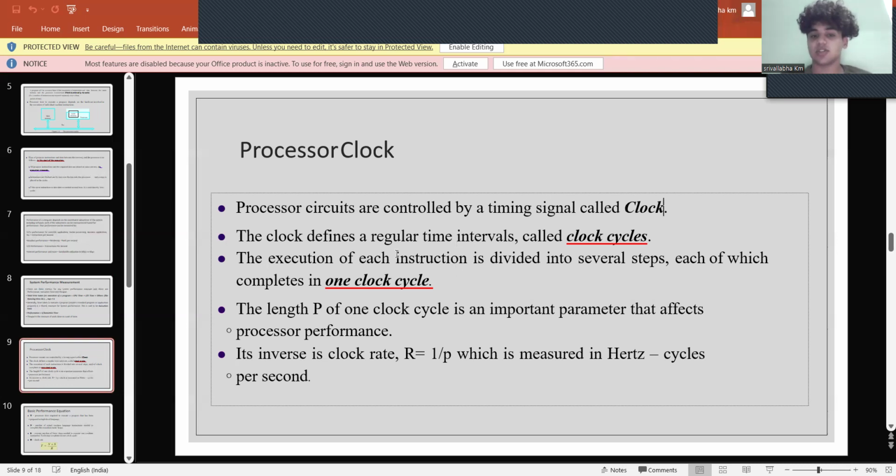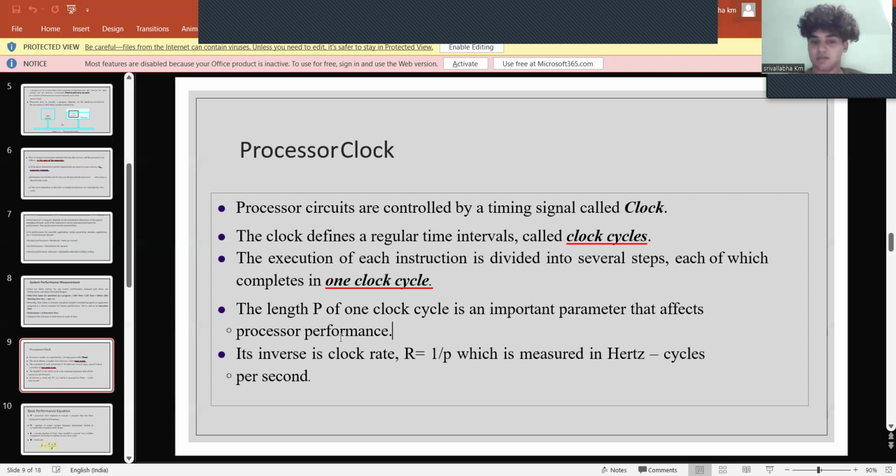Here the execution of each instruction is divided into several steps, each of which completes in one clock cycle. And then the length P of one clock cycle is an important parameter that affects processor performance.